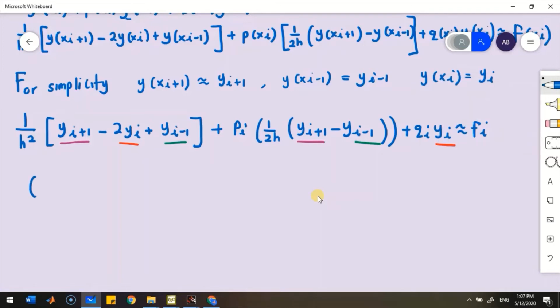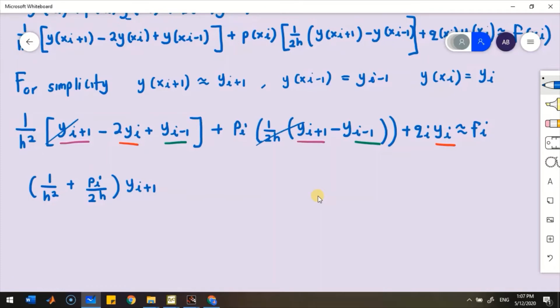We have 1 over h squared plus pi over 2h, this is for yi plus 1. We have considered these two terms.